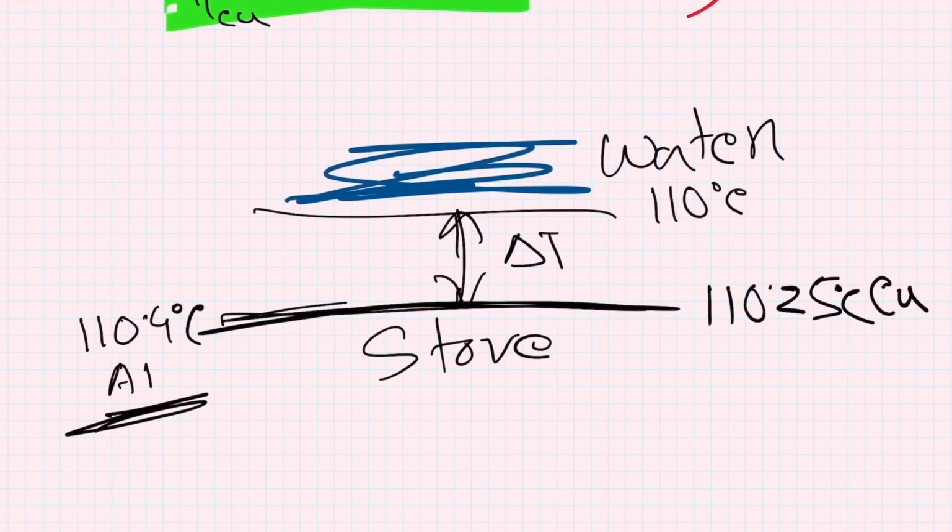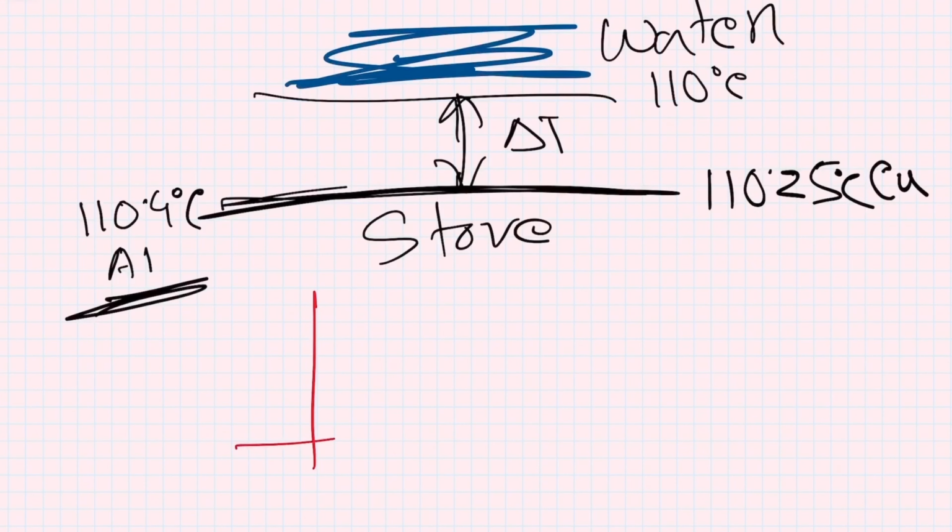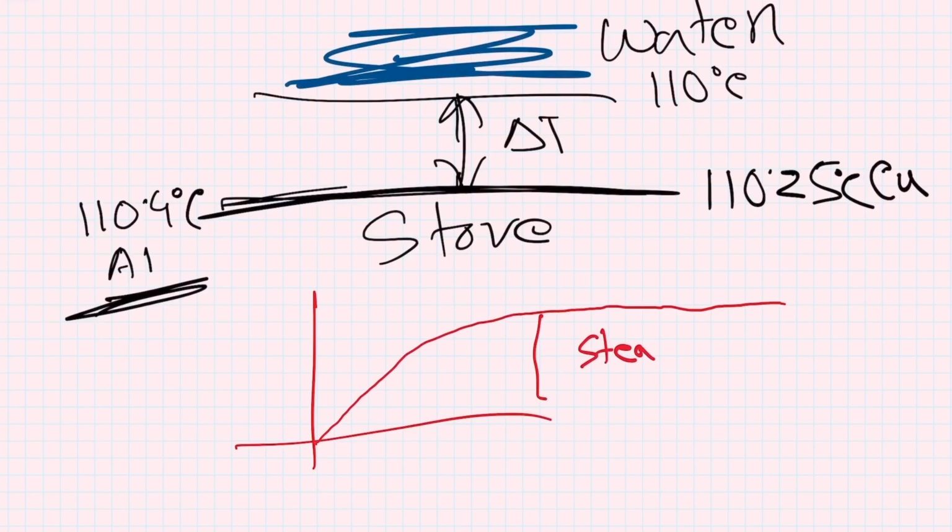The reason this temperature difference is so small is that when you put a pan on top of a stove, initially the temperature slowly increases, and after some time it starts to saturate and flatten out, and then it's not going to change that much. This is the point when we have reached steady state.